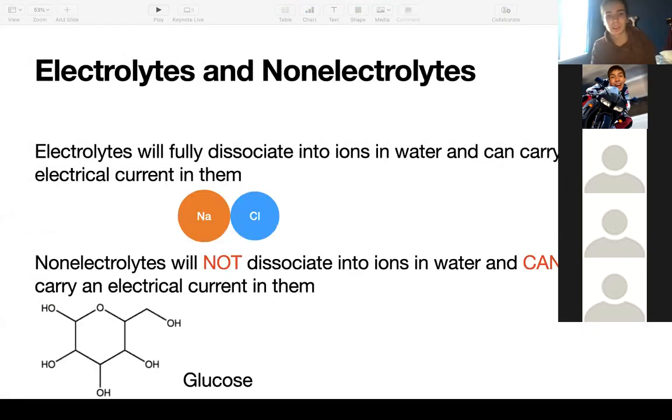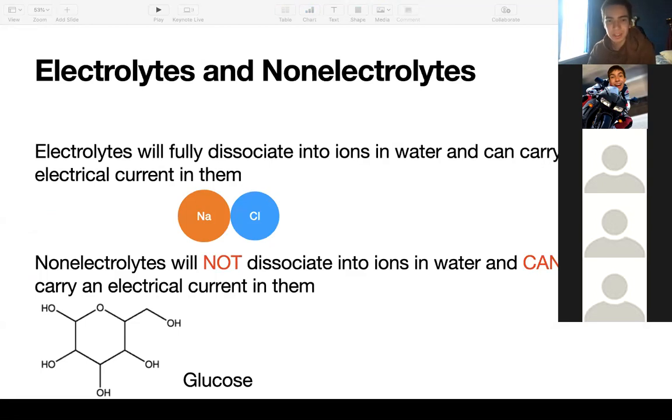So now let's talk about electrolytes and non-electrolytes. Hopefully you guys can recall from lecture that electrolytes are substances that fully dissociate into ions in water and can carry an electrical current between them. An example of an electrolyte would be NaCl.